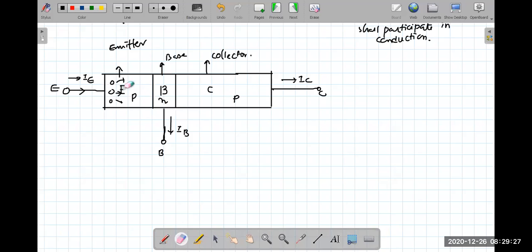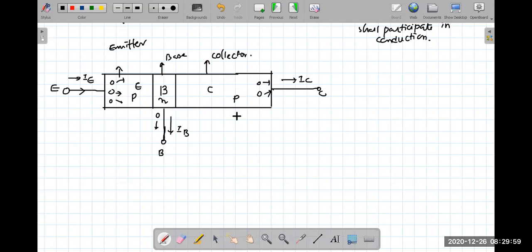Out of all those holes, part of these holes will be coming out through the base, and most of the holes will be absorbed by the collector. They are being collected at the collector terminal. So the role of emitter is to emit the charges. The role of collector is to collect the charges. I hope you understood the naming. So that's a very appropriate name. Emitter will emit the charges. Collector will collect the charges.